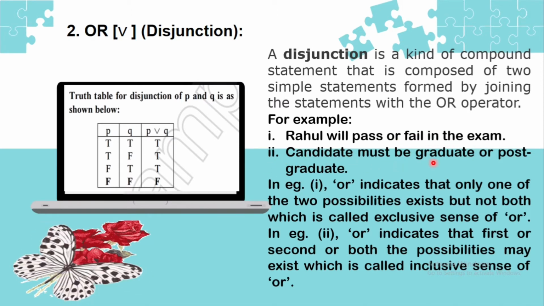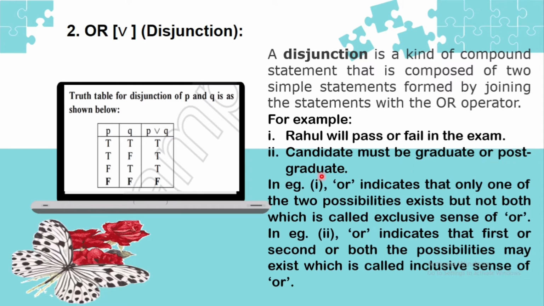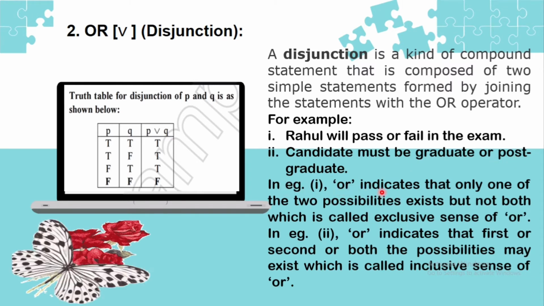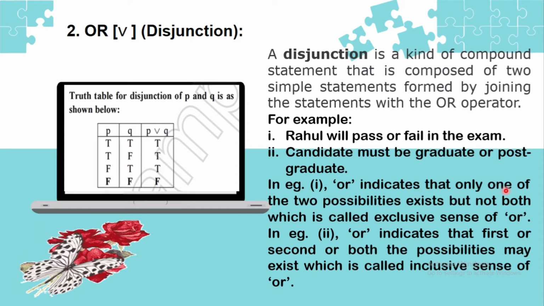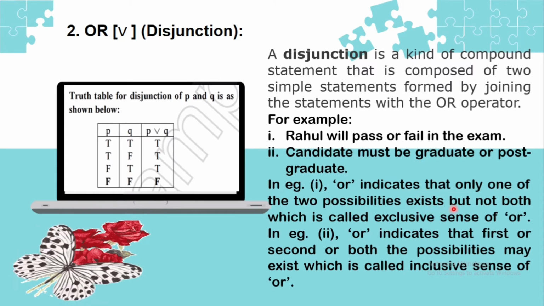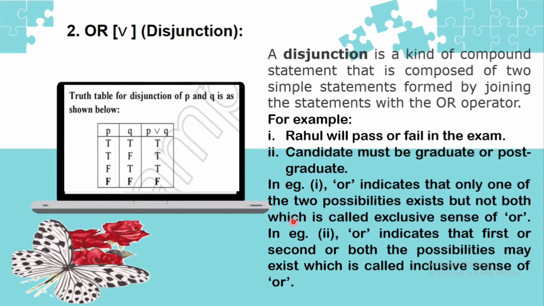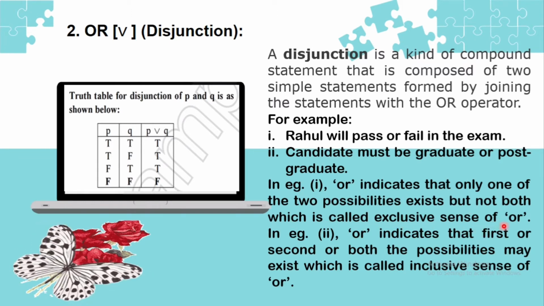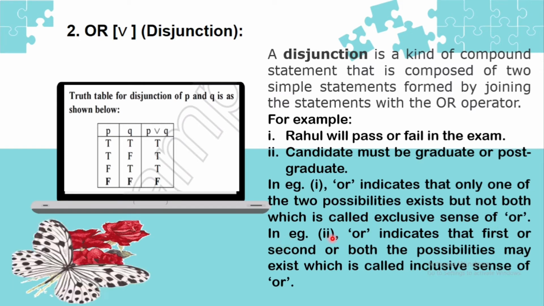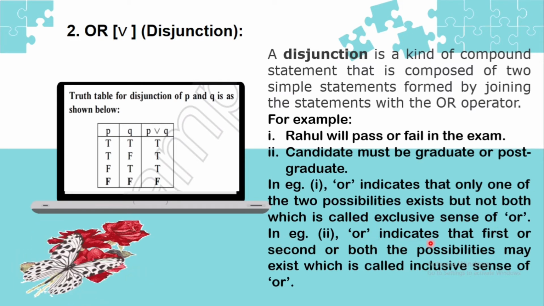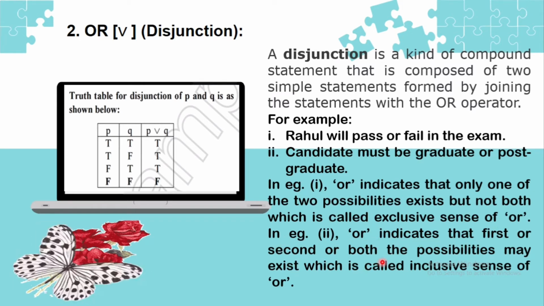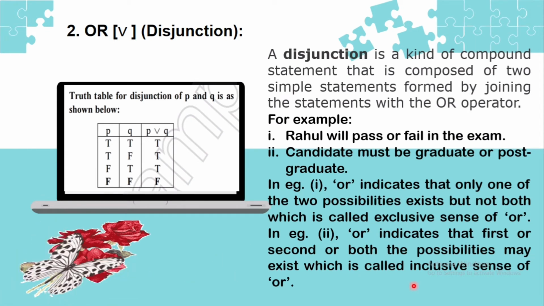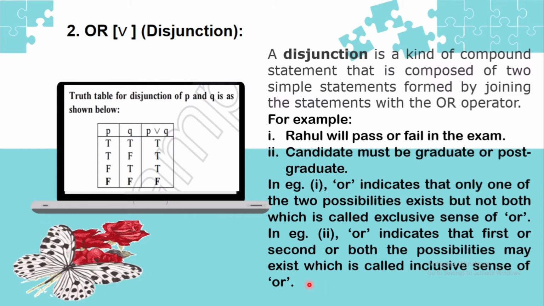Candidates must be graduates or postgraduates. In example 1, or indicates that only one of the two possibilities exists, but not both, which is called the exclusive sense of or. And in example 2, or indicates that the first or second or both possibilities may exist, which is called the inclusive sense of or.